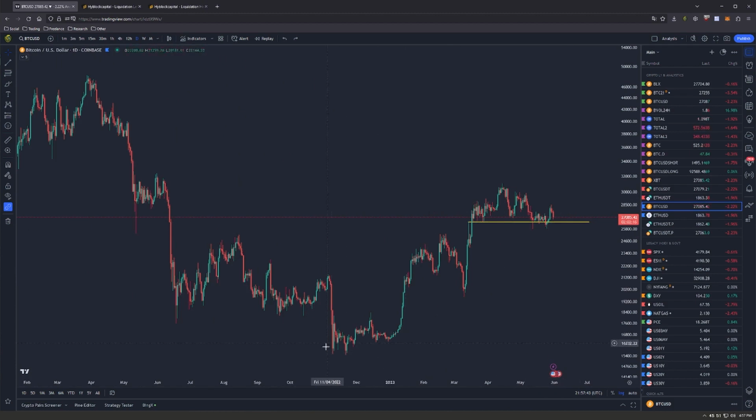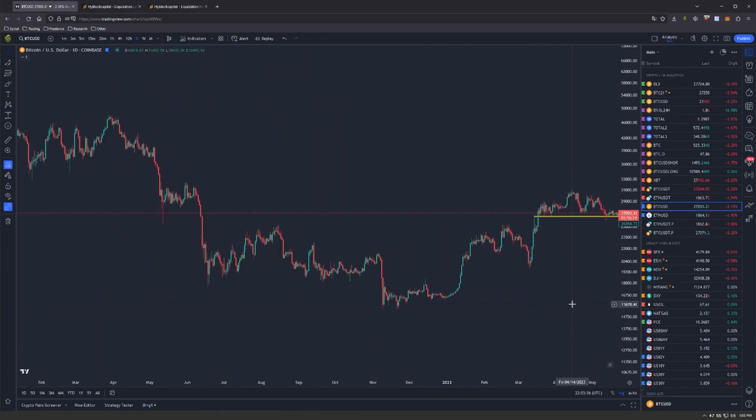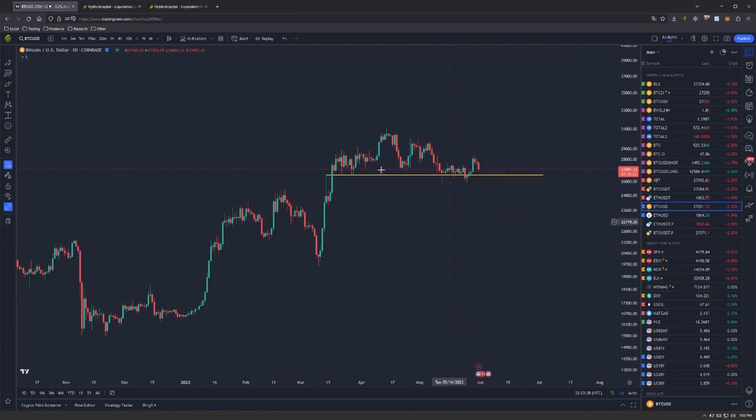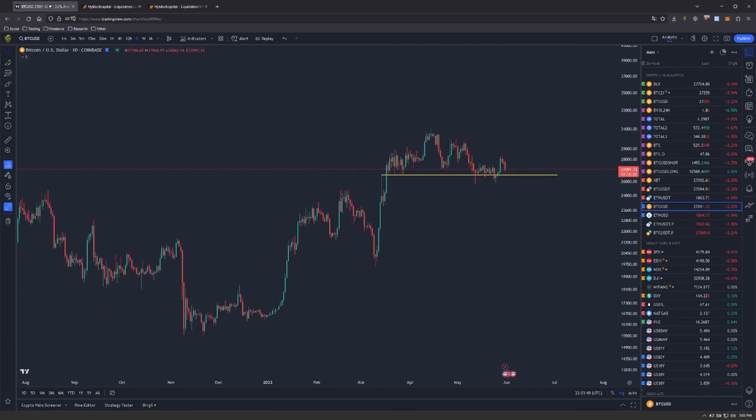Overall, this market has been up for the better part of, pretty much since November after FTX, basically. It consolidated and we've been pretty much up only for the most part ever since. It's really just going to depend on how this range that we're in resolves.